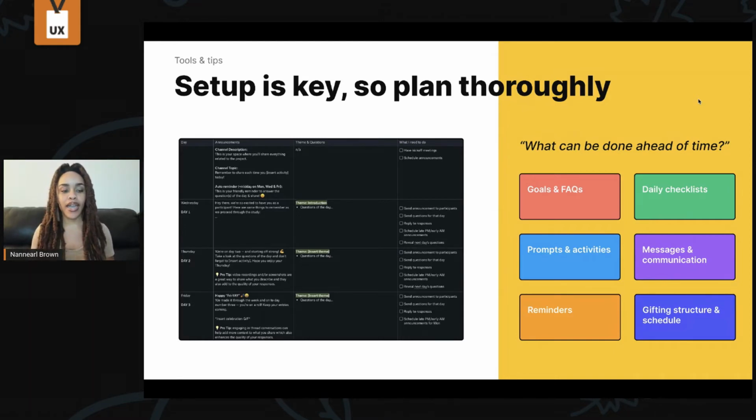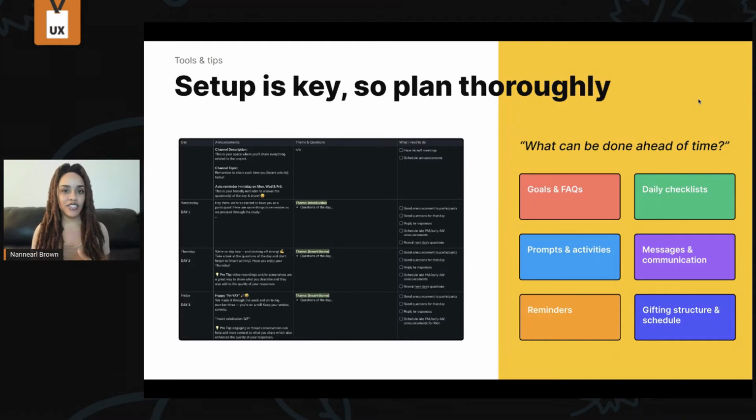And so I have an example here on the left as far as something that I did while planning and setting up, which was just literally planning out what I was going to say. Like I mentioned before, we conducted this study in Slack, and so we had participants submit their entries in Slack.